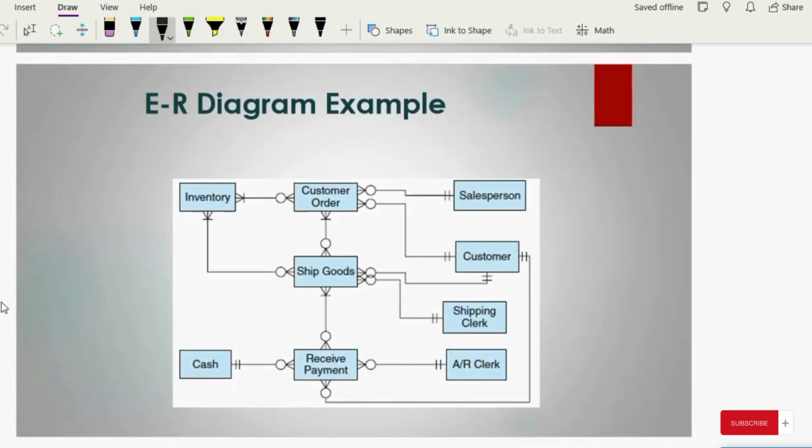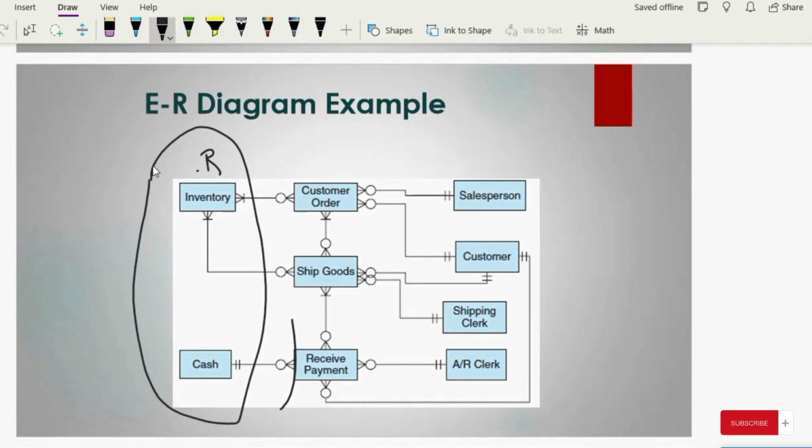If you see, this is an ER diagram. It is showing us different entities connecting with each other to show a full sales process. So this is a sales process diagram. So let's have a quick look over it. In the first instance, we have inventory, and then okay, so what I'm going to do, this is R. So in this diagram here, I will be placing resources.